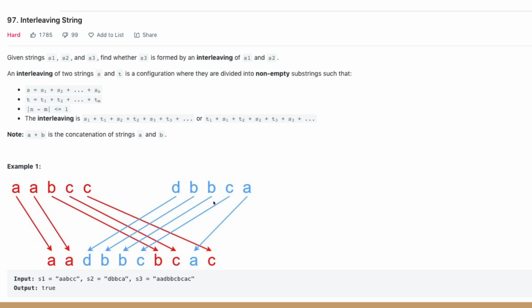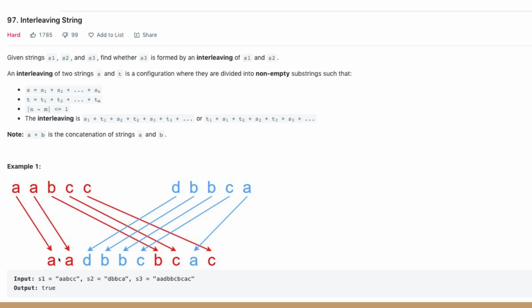This is the second type that we talked about at the beginning of the video. We are given 3 strings, and we are trying to match 2 of them to the third one. This graph might be intimidating, but what we have is I here, J here, K here.